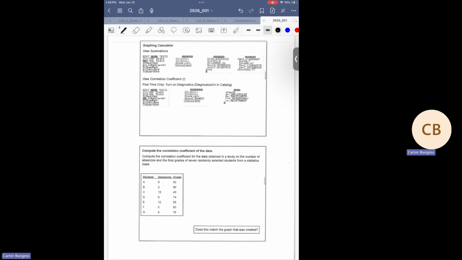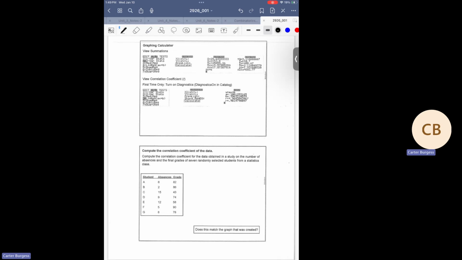You're going back to your stat button, and we're going to slide over to the calc button. In this case, we are looking at 2 variables. So we're going to pull up the 2 variable statistics for this particular data set using L1 and L2, and pressing enter a whole bunch of times, you should get a whole bunch of stuff.